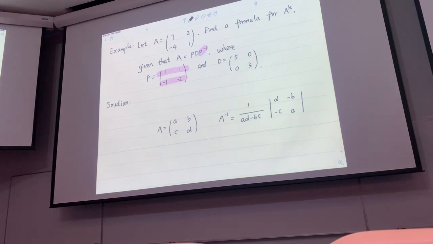Okay, so we can use it. It is easy to see that P inverse equals 1 over 1 times negative 2 minus 1 times negative 1, times negative 2, 1, negative 1, 1. The determinant is negative 2 plus 1, which is negative 1. So we have 2, 1, negative 1, negative 1.